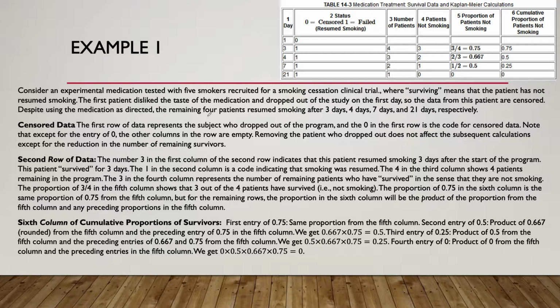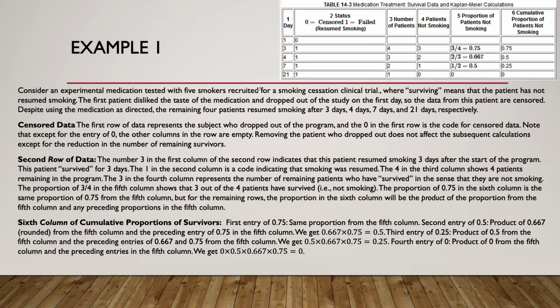The first entry of 0.75 is the same proportion from the fifth column. The second entry of 0.5 is the product of 0.667 from the fifth column and the preceding entry of 0.75 in the fifth column. So we get 0.667 times 0.75 equals 0.5. The third entry of 0.25 is the product of 0.5 from the fifth column and the preceding entries of 0.667 and 0.75 from the fifth column.